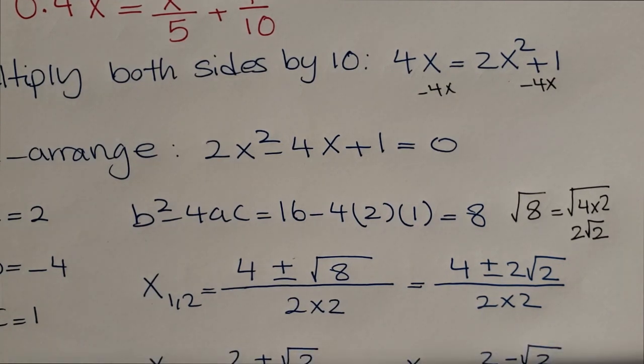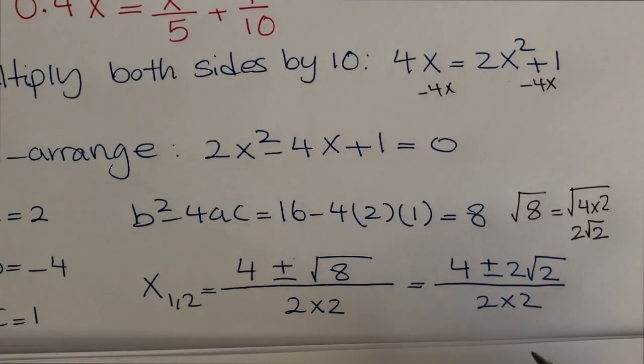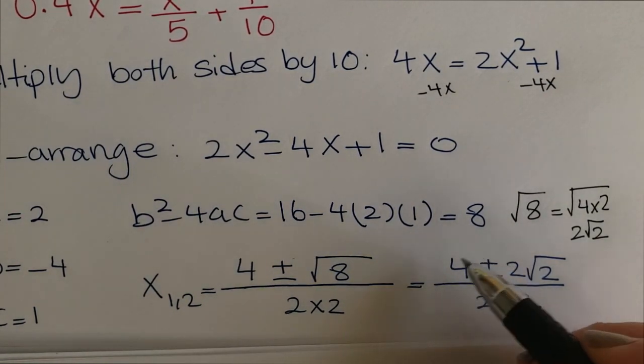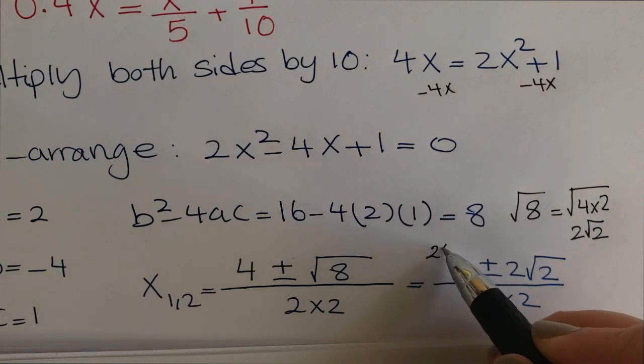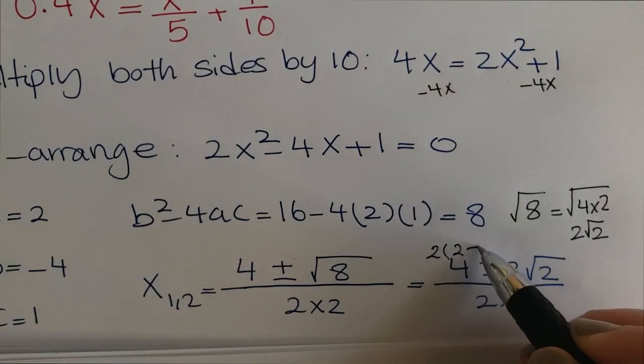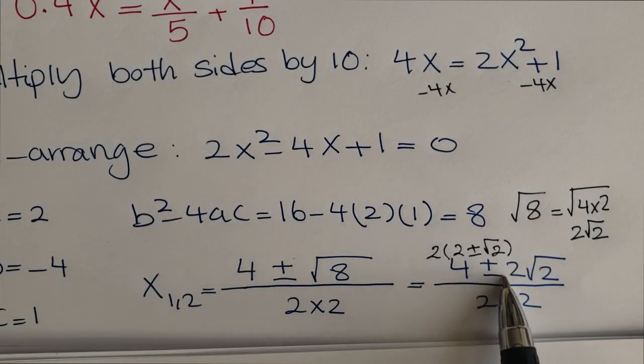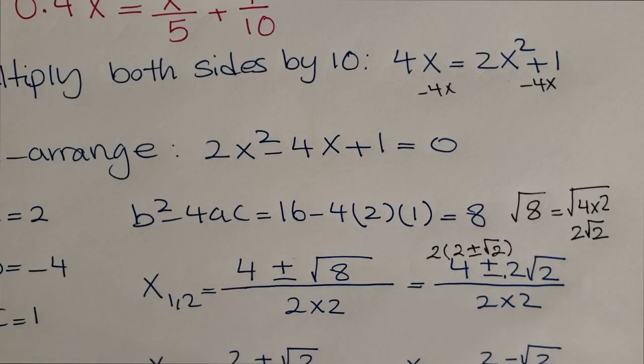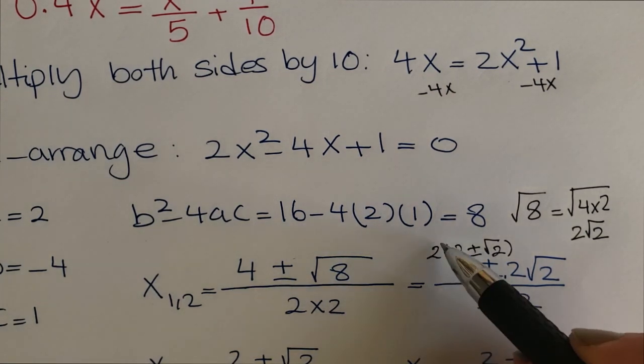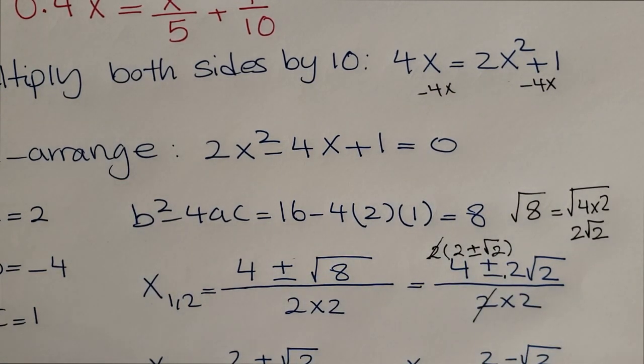And from here, I tried to simplify it one step. I factorized a 2, so it turns out to 2 plus and minus radical 2, okay? So this top turns into this one, and then I simplified this with this, and one answer would be 2 plus radical 2 over 2, the other would be 2 minus radical 2 over 2.